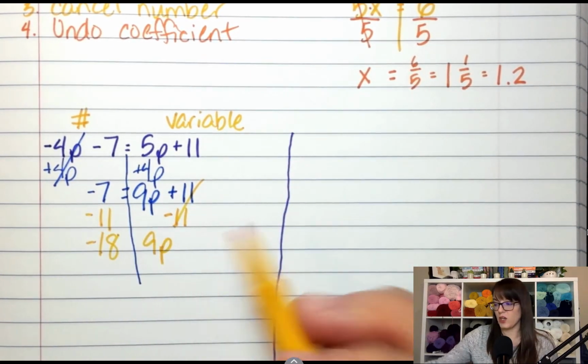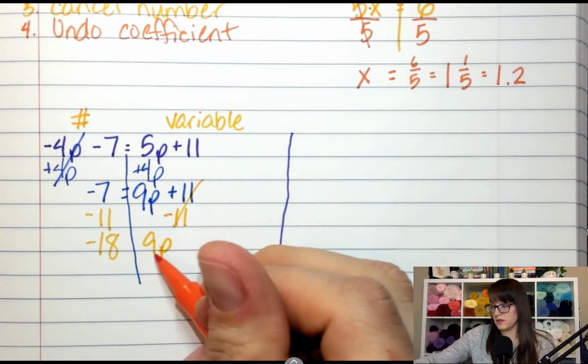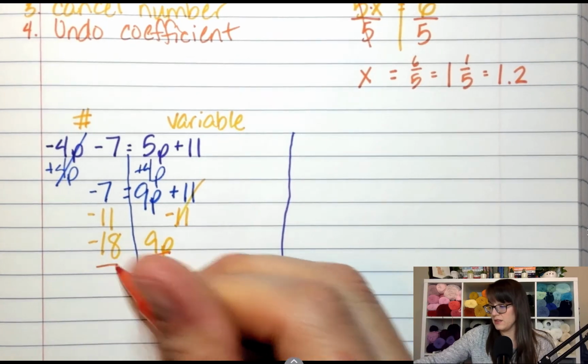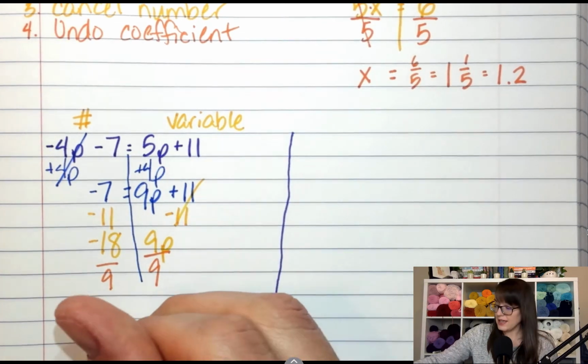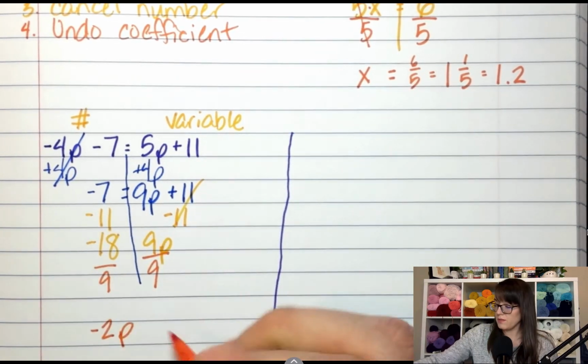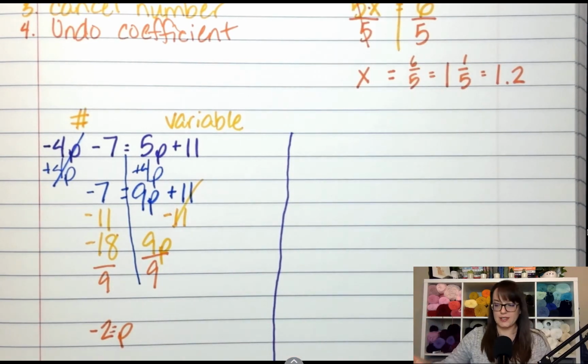All right, and then how do I undo the coefficient here? I would divide by 9, and negative 18 divided by 9 is negative 2. Negative 2 equals p. That's what I meant to write. Negative 2 equals p. All right.